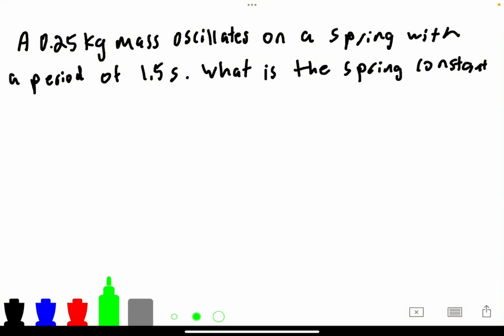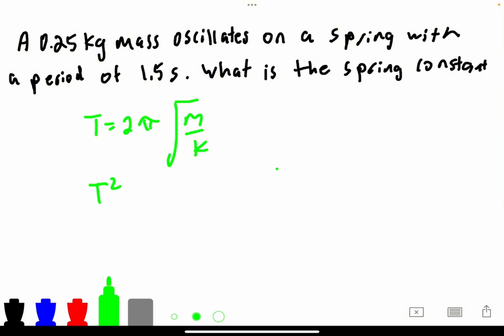A 0.25 kilogram mass oscillates on a spring with a period of 1.5 seconds. What is the spring constant? We know the period of a spring is 2 pi square root m over k. What I like to do is get my variable set up first.